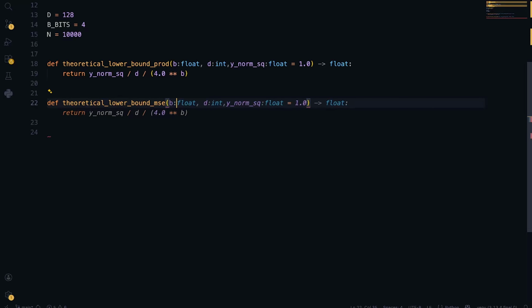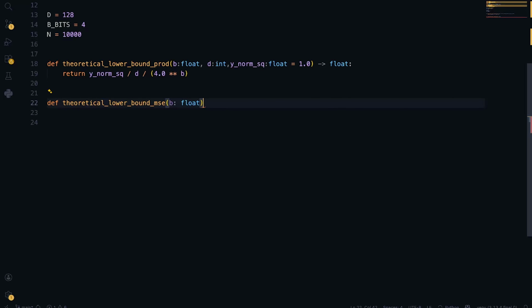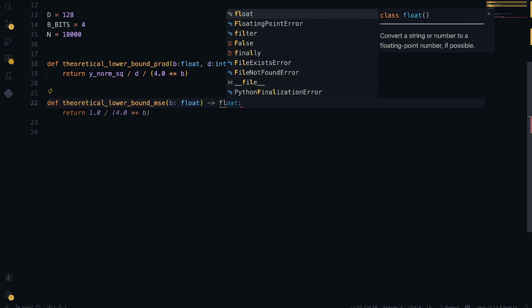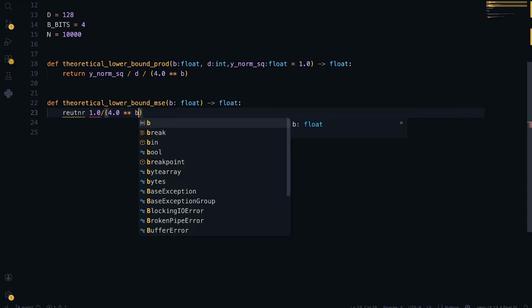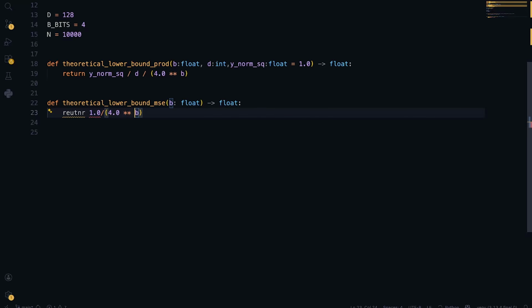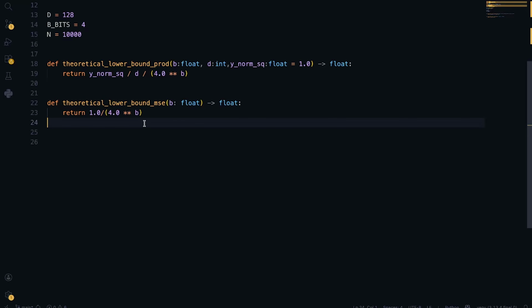This will have just one input, b as float, and will return a float value again, and this will return the simple 1 divided by 4 to the power of b. I misspelled return, that's why it was complaining. Okay, yeah, I corrected it.